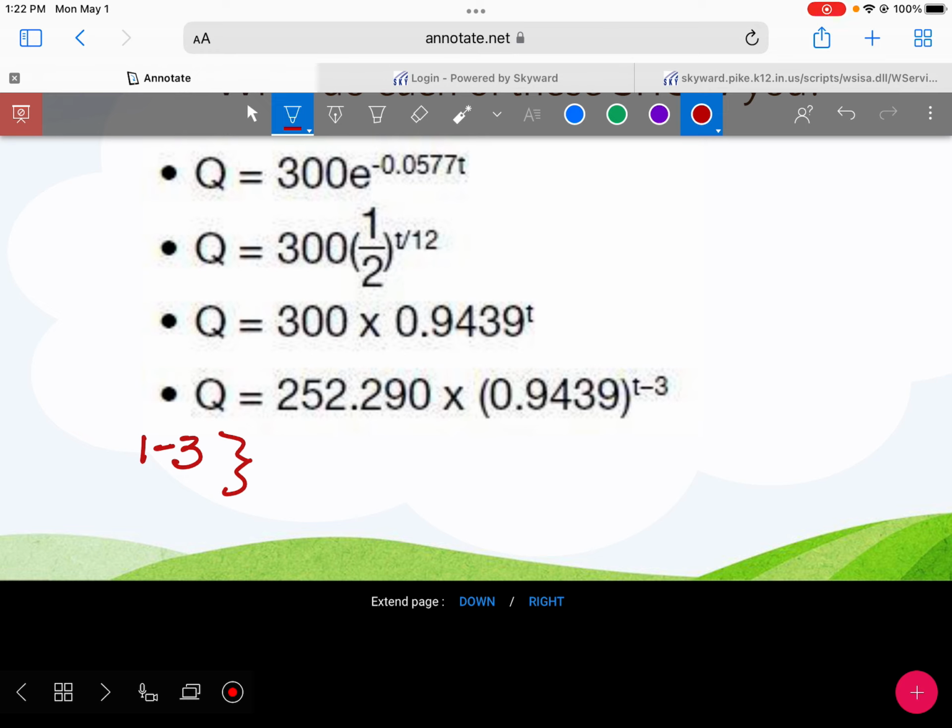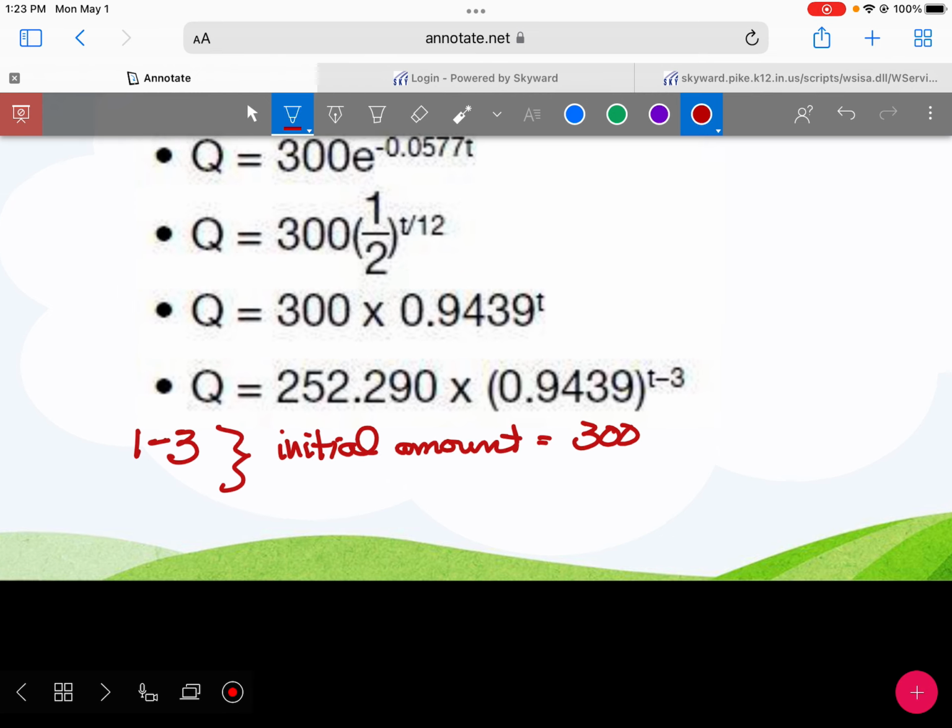In general, what do they all have that are the same? 300. And what is that, 300? Initial. Right, so in equations 1 through 3, we can tell that our initial amount that we started with is equal to 300, okay? 300 what? We don't know, but it's 300.